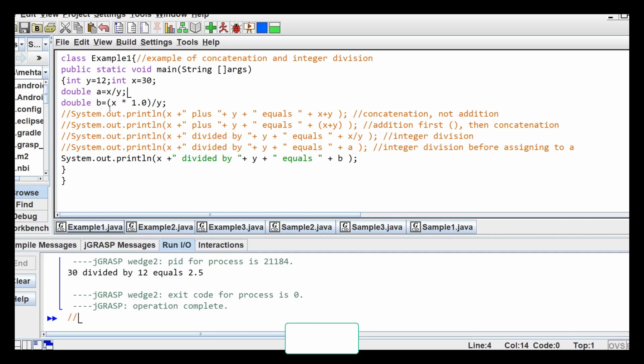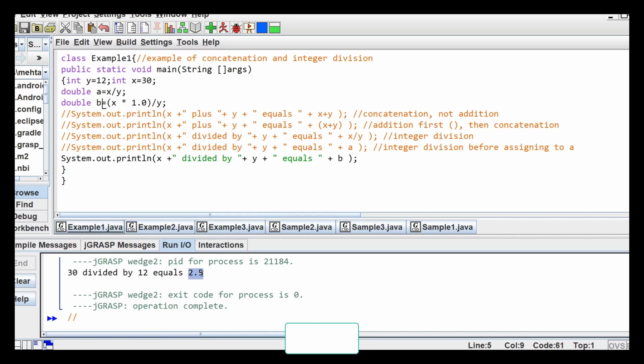But in this calculation, I multiplied my int by a double, and that made it into a double. Then I divided it by an int, and a double divided by an int is a double. And so it was stored in B as the correct double, and I get my 2.5.